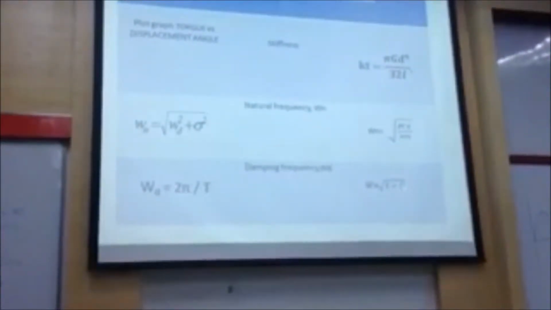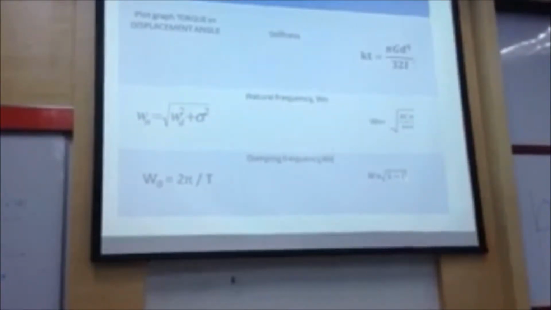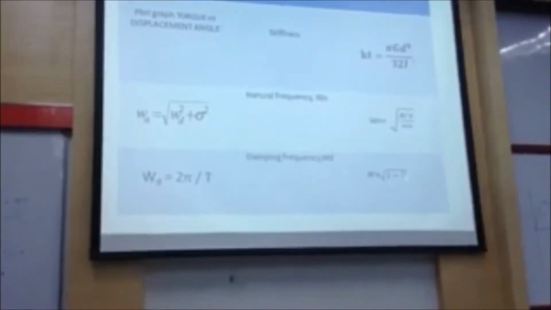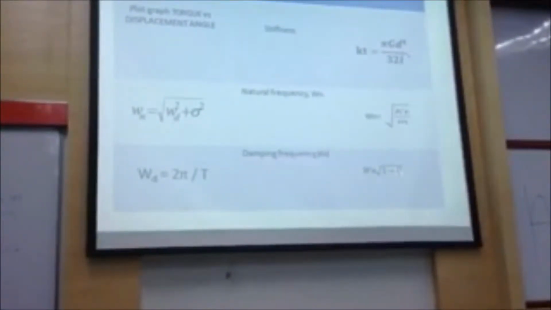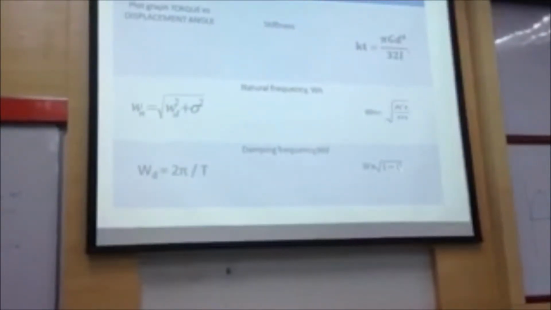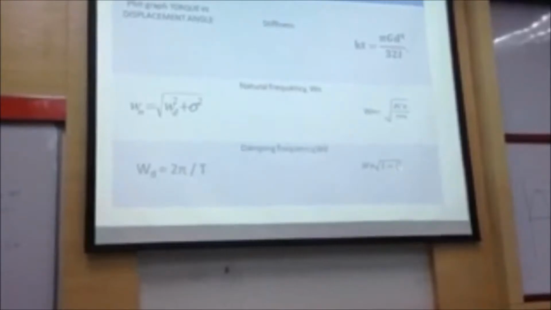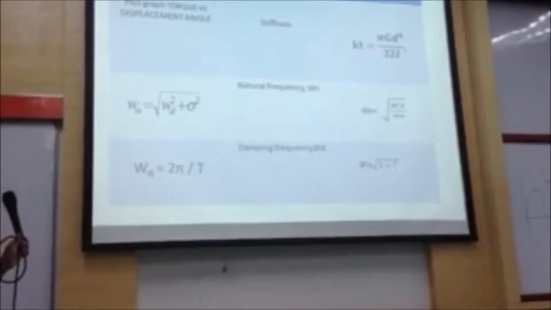And then for the natural frequency, the experimental value, we got it from the formula Wn equals square root of Wd squared plus sigma squared. And for the theoretical value of natural frequency, we get it from the formula Wn equals square root of Kt over n.